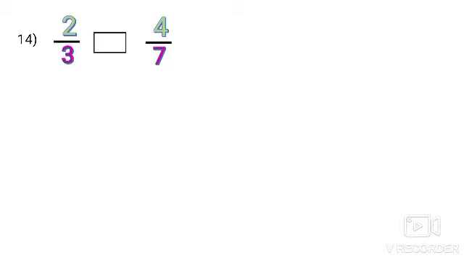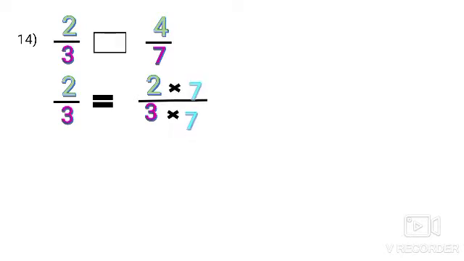Now here is something totally different. Look at the example carefully, student. This is 2 upon 3. In the earlier problem set, I explained how to solve this. Here you have to make like fractions. So you will multiply 3 by 7 to get the answer. The same you have to do in the numerator.